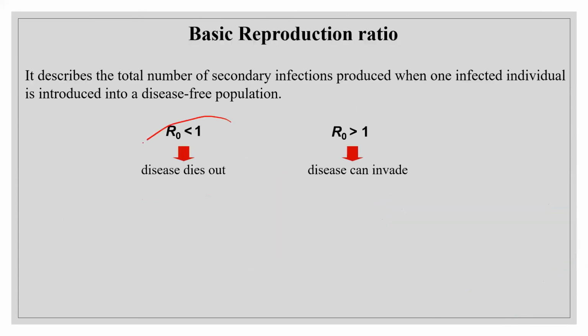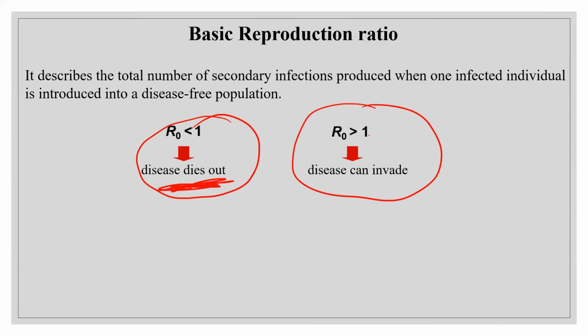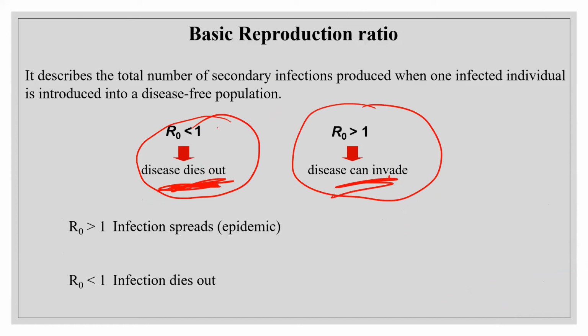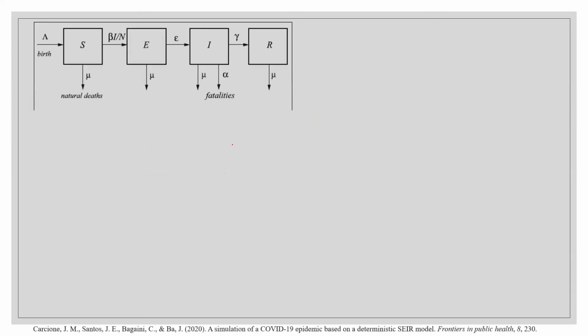So this is the interpretation: when R naught is less than 1, the disease dies out, and when R naught is greater than 1, the disease can invade. So epidemiologists try to make R naught less than 1 and give measures so that the disease may ultimately die out.